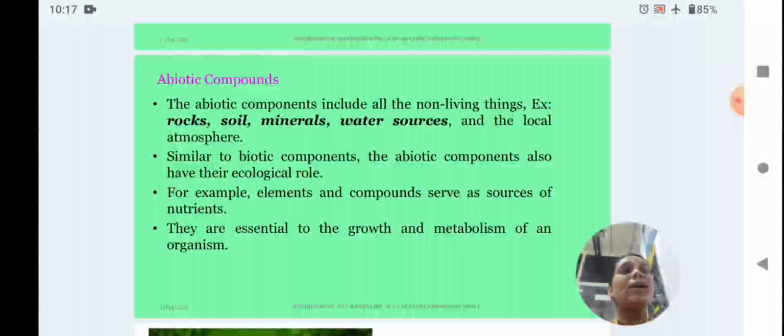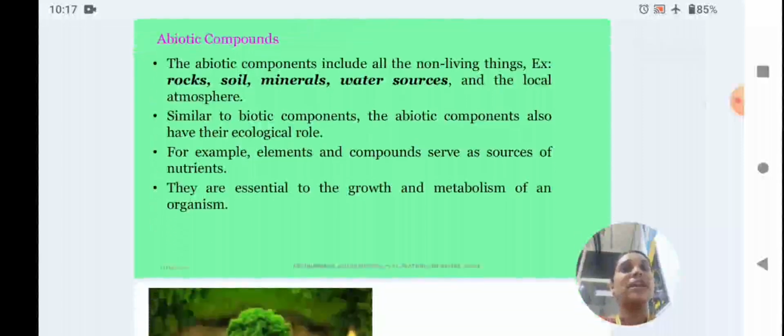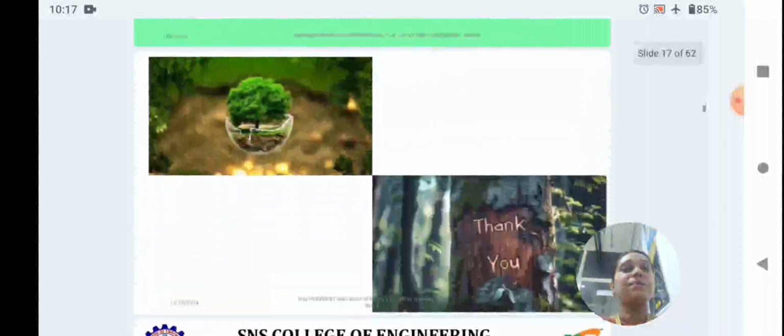Rock, soil, minerals and water resources are the abiotic components, which are very essential for the growth of plants, animals and other things. So both have to be balanced. Both biotic and abiotic components play a main role in the ecosystem.